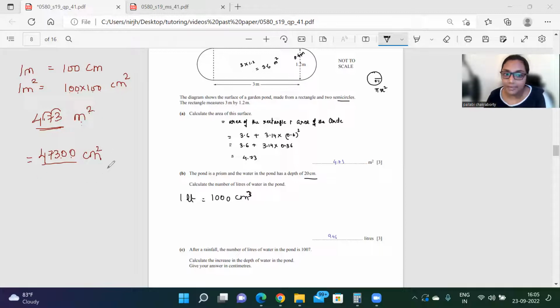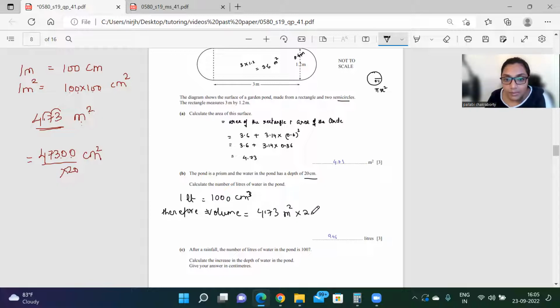So this becomes the surface area, and you have the depth given already, which is 20. So you have to calculate the volume. What does the volume come out to be? Let's calculate quickly. So volume is equal to 4.73 meter square times 20 centimeter, which you can elaborate as 47300 times 20, right?